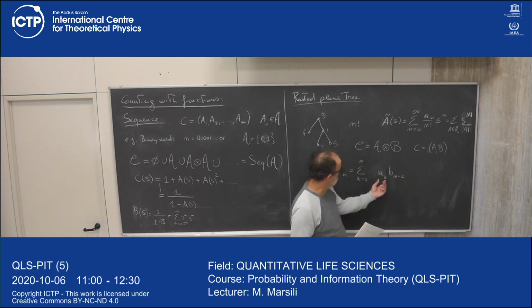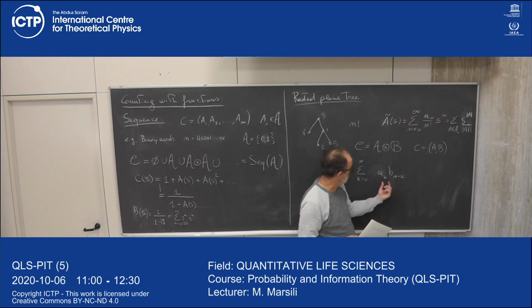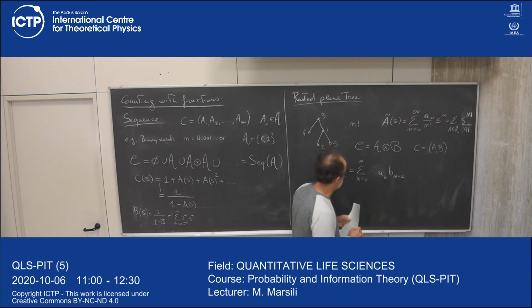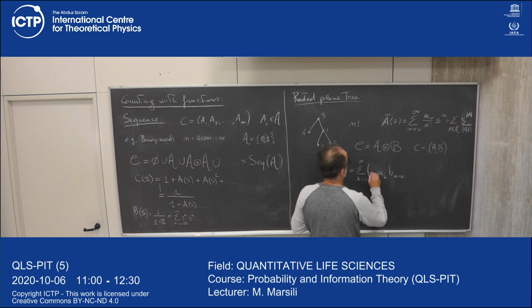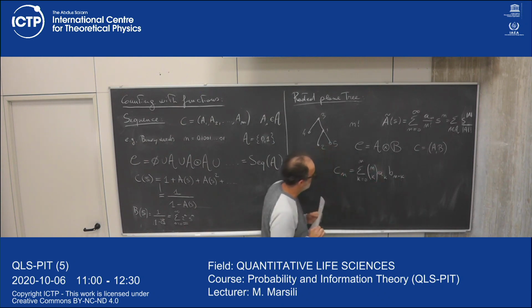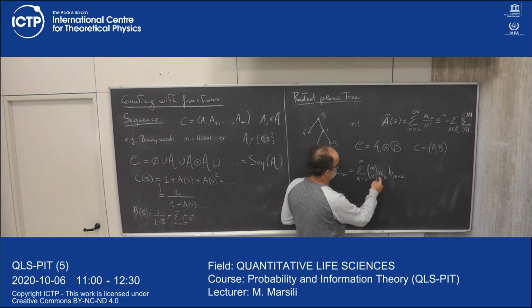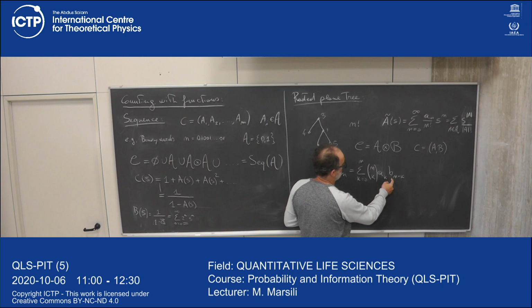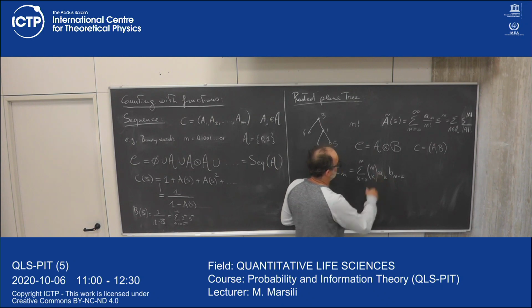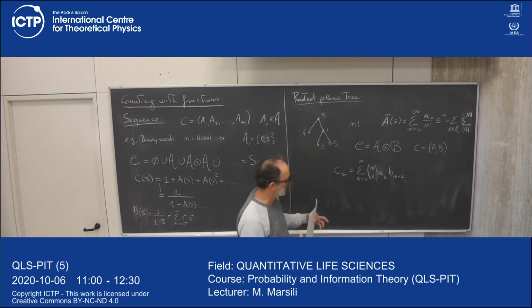Then I have to compute these two things, but then I have to add a combinatorial factor that tells you, if I take k objects in A and n minus k objects in B, in how many ways can I relabel the composite objects of size n.